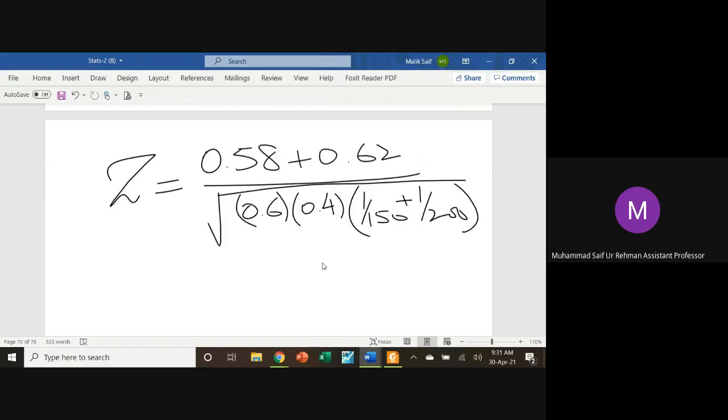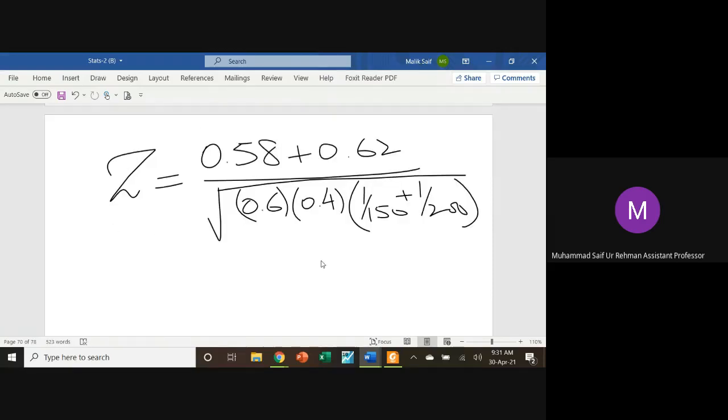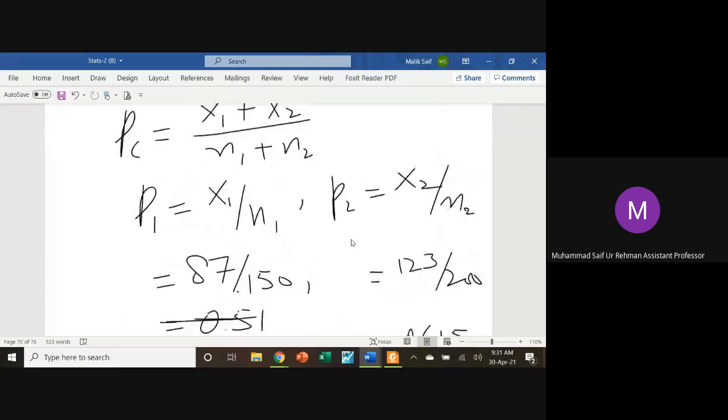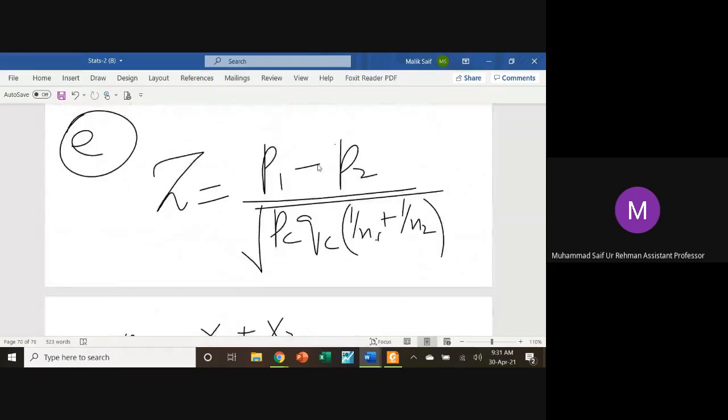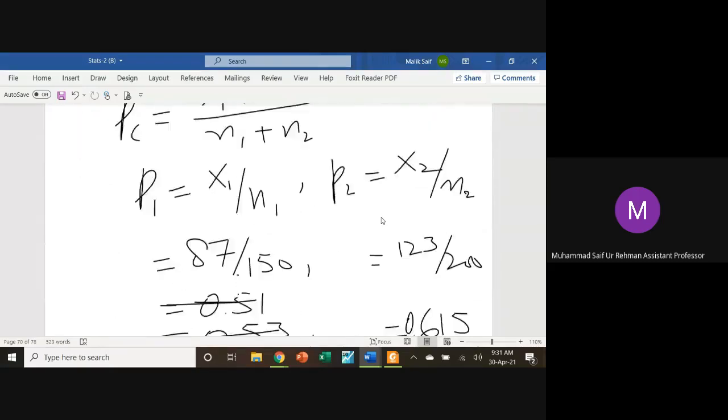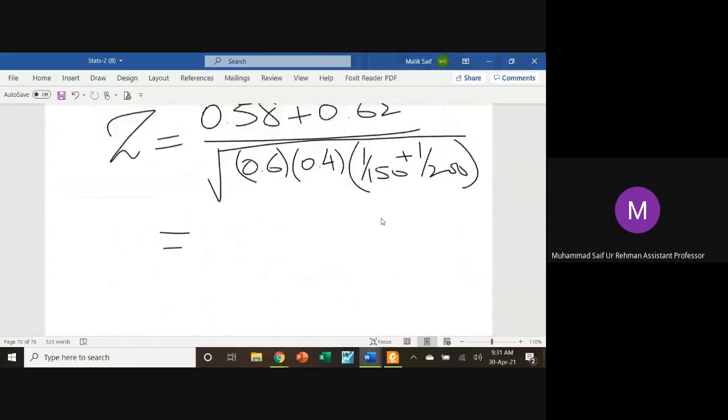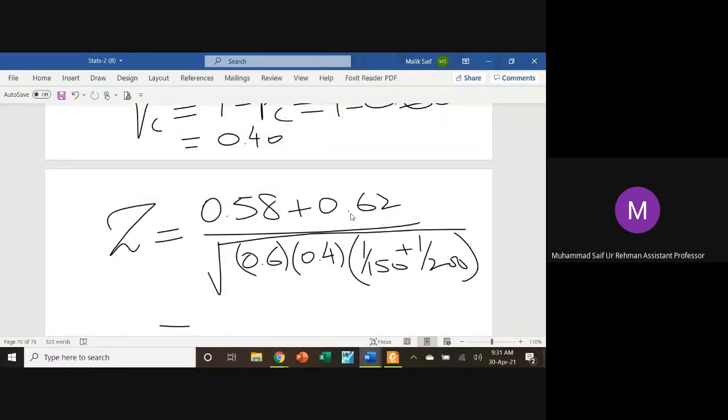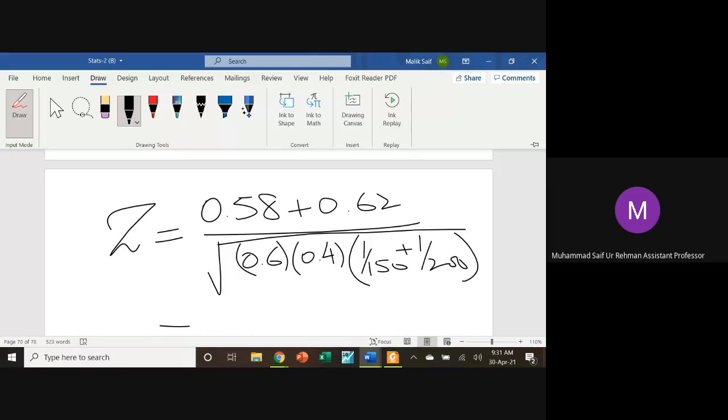So separately solve it. See the answer. Sorry, this sign is not positive. This is negative. You have to subtract P2, not add. So the answer will be with a negative sign.